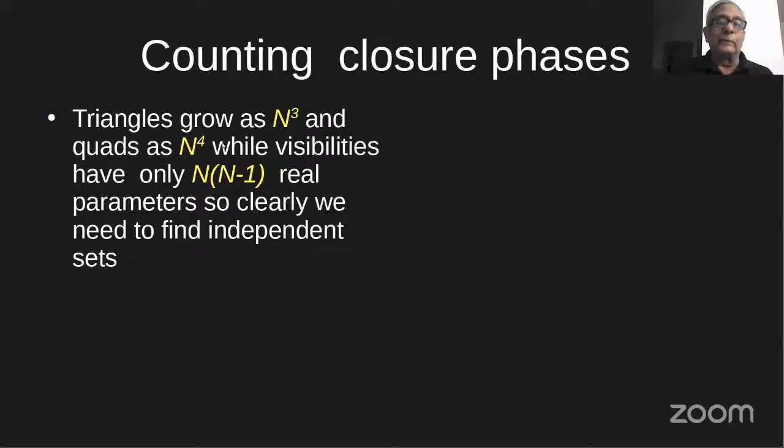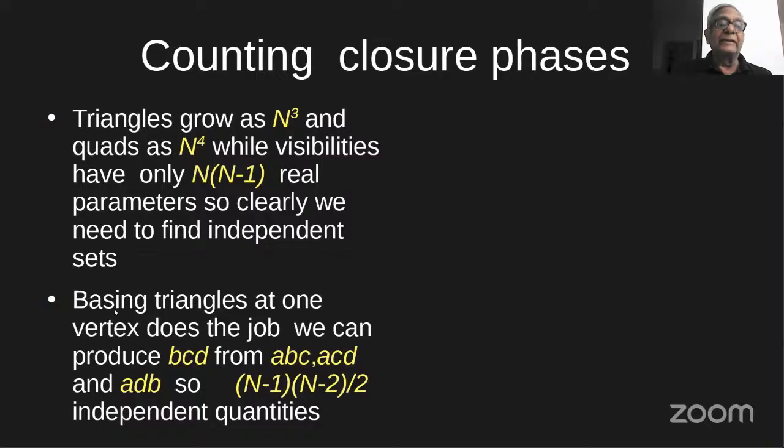You can write down more accurate formulae like n times n minus 1 times n minus 2 times n minus 3 divided by 24, but basically it scales as n raised to 4. So clearly, it's overkill to use all triangles or all quadrilaterals, because you'll be manufacturing many more quantities than even the measurements. So they surely cannot be independent. What you would really like is to find an independent set of triangles and an independent set of quadrilaterals, right?